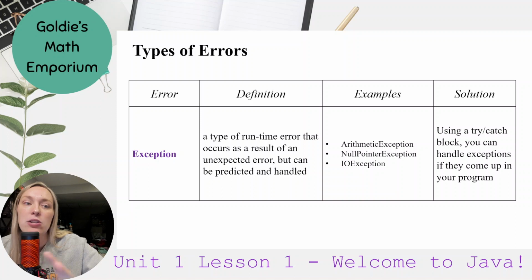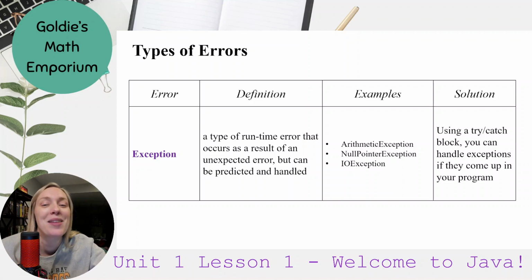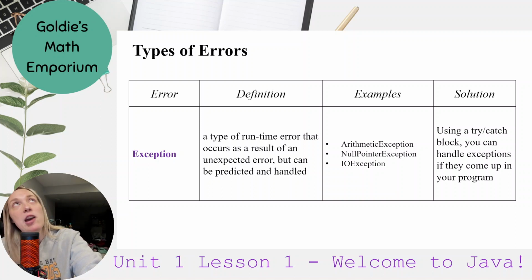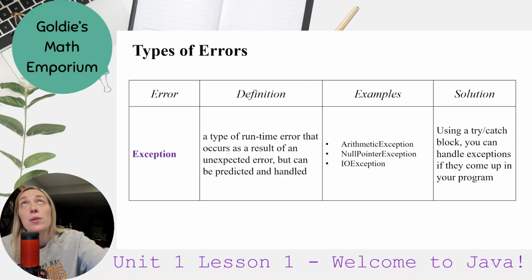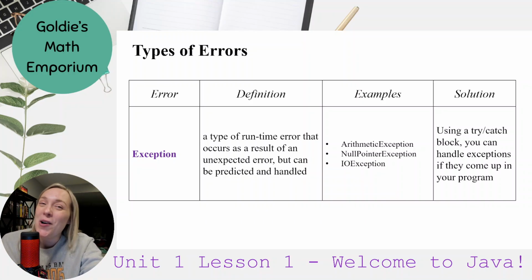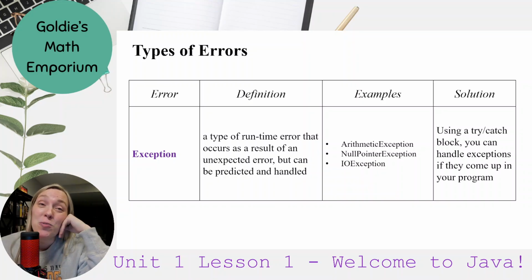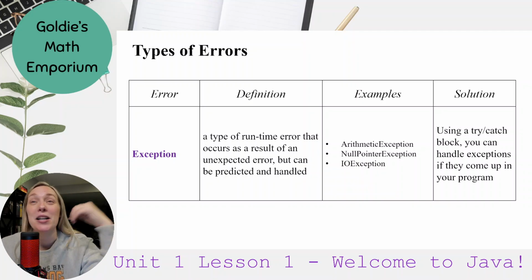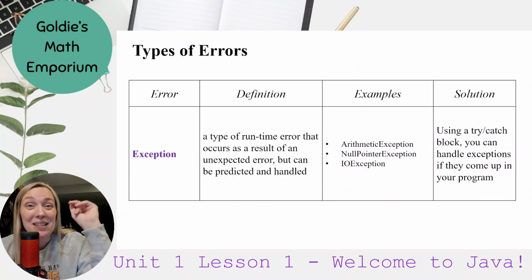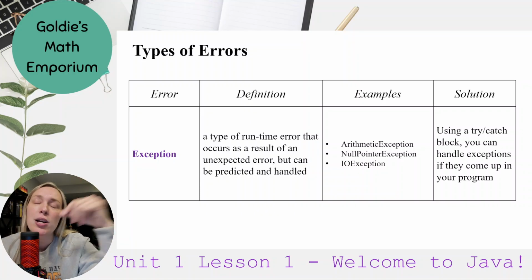Another way to handle exceptions is just to avoid them, right? So a specific type of arithmetic exception we're going to run into in the next couple lessons is divide by zero. So you know, as great students that you are, that you can't divide by zero. It's not allowed in math, right? It's a faux pas, as you say. And if you try to divide by zero in your program, you will crash your program. It'll compile fine, but your program will crash.